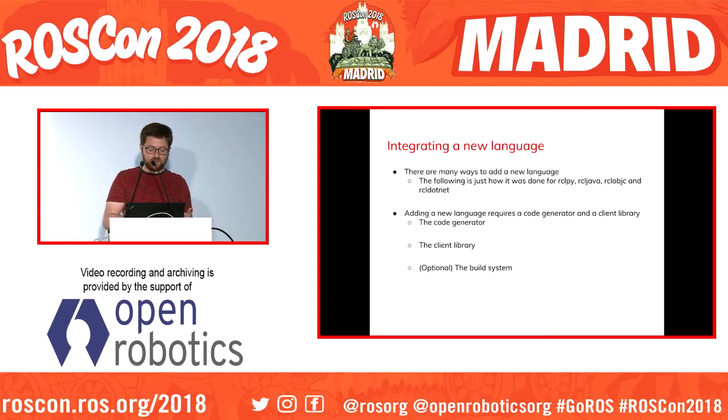And also the client library, which wraps RCL into idiomatic constructs for whatever language you're targeting. You could also add support for the build system. Many modern languages have their own build system. You don't necessarily need to do that unless you want to integrate with Ament and Colcon.